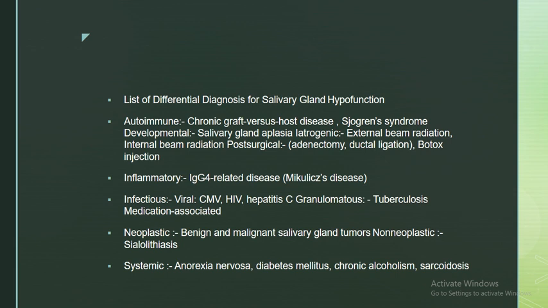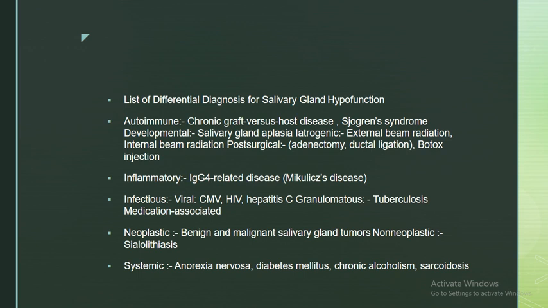How can we differentiate between salivary gland hypofunction causes? Autoimmune, chronic graft versus host disease, Sjogren's syndrome; developmental, like salivary gland aplasia, we will come later to explain it. Iatrogenic, like radiation, internal or external beam.